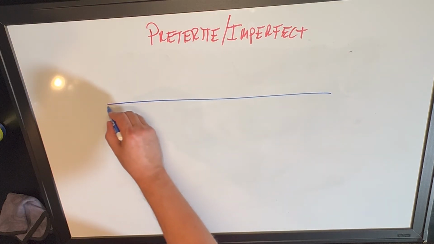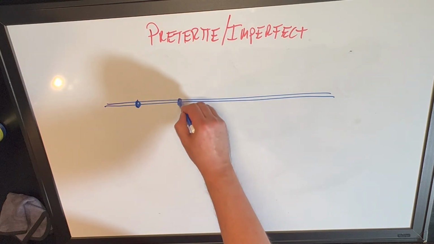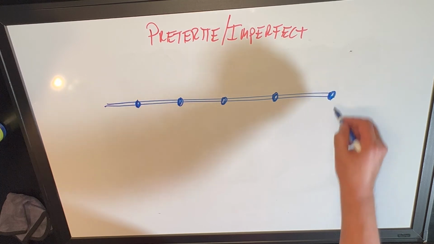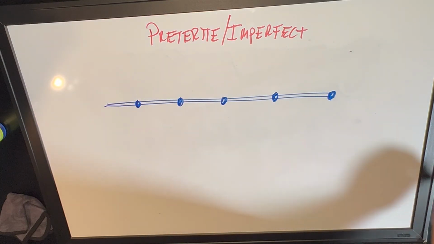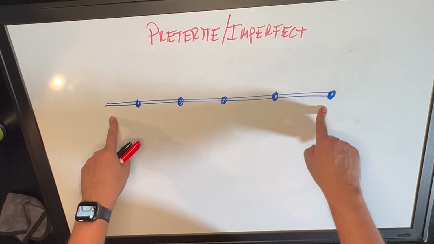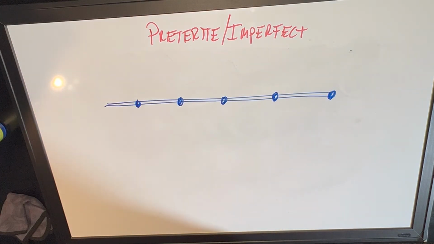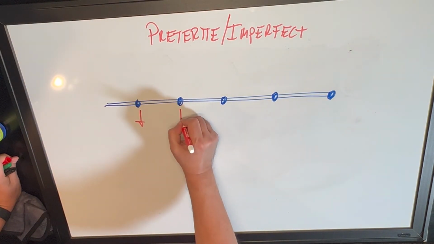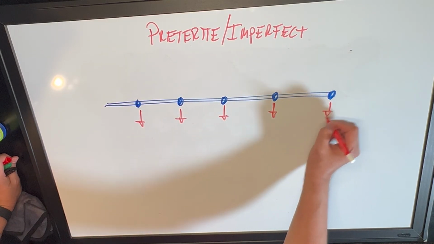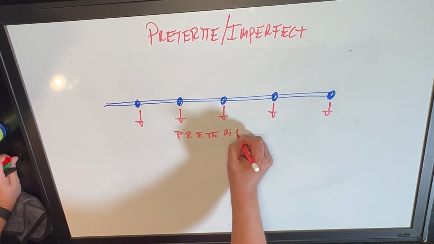metaphor. Imagine this is a rope, okay? And imagine that you have several knots. Use your imagination and think that this is a rope, and these are the different knots, okay? Well, the different knot is like the essential thing, the essential facts in the past. I will have to use the preterite for all of them.